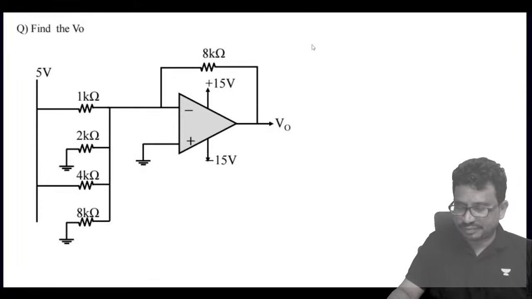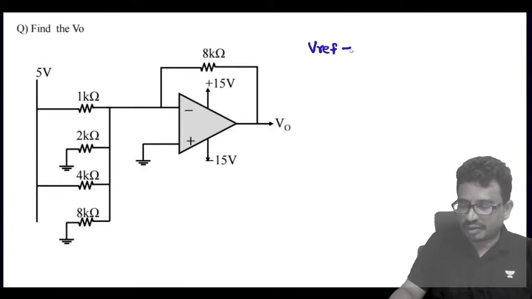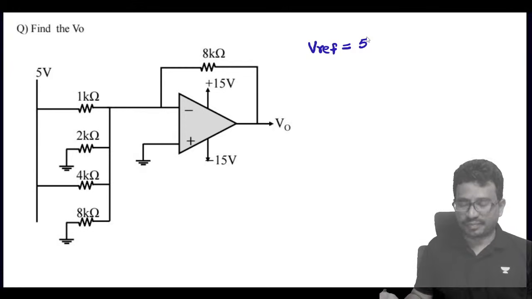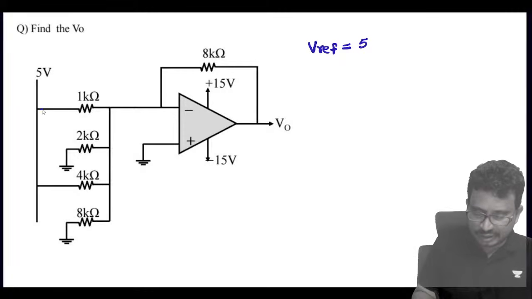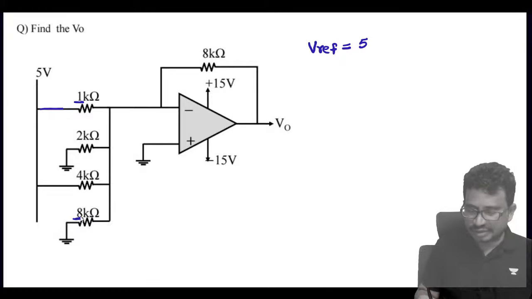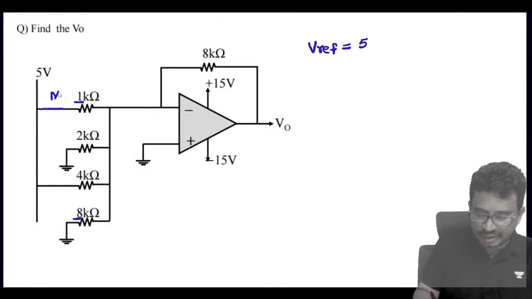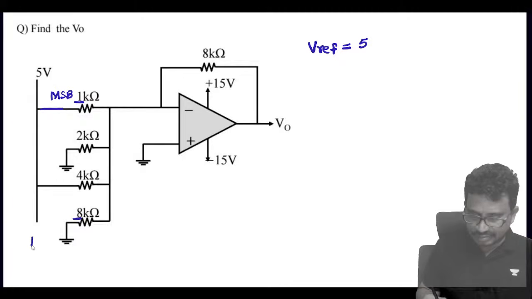You tell me now. In this case, V reference is equal to 5. Okay. So here this is the MSB. MSB resistance is 1. This is the LSB. Here this is MSB and this is LSB.